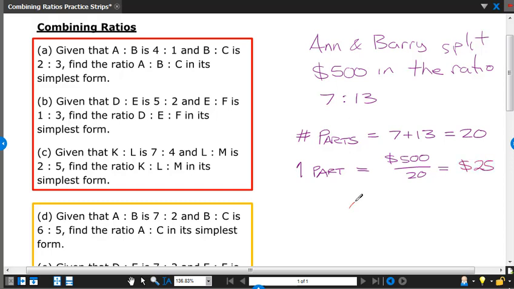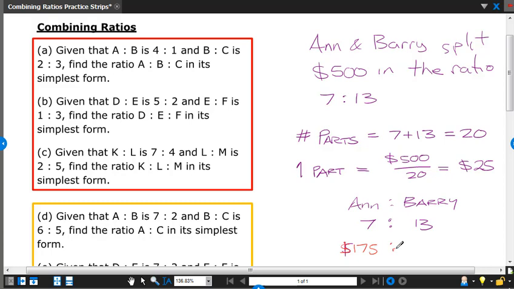So we know Anne, Barry, they split in the ratio 7:13. So one part is 25, so 7 parts, then you just multiply 7 by 25 and you should get 175.